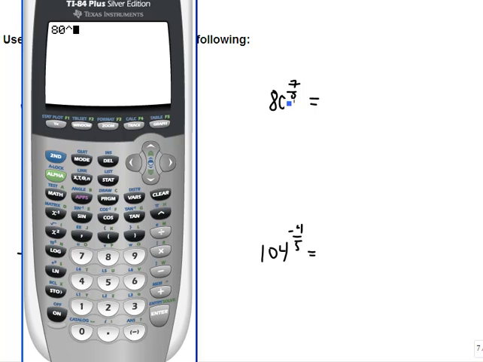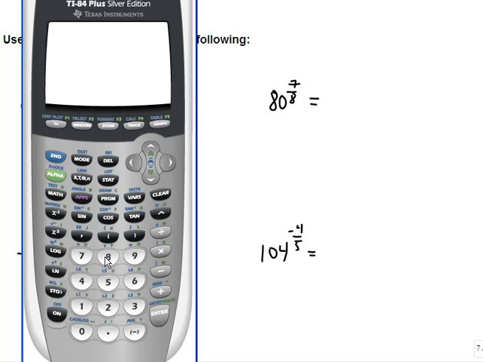Now don't type in 7 divided by 8. That's going to give you the wrong answer, because if you make the calculator do this, it's going to raise 80 to the 7th power, which is going to be a huge number, and then it's going to divide that by 8. Okay, and this is 2.6 times 10 to the 12th, so you've got like 12 zeros after this number, so this is really, really large.